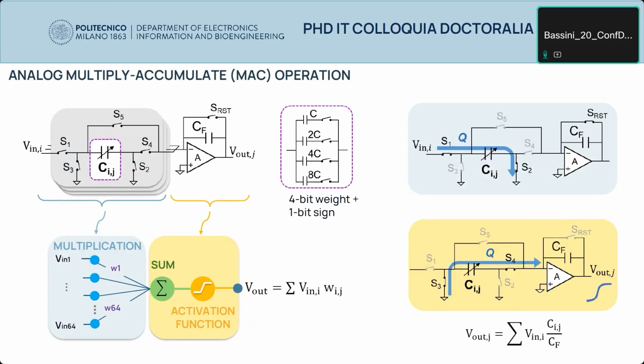Next, in a second phase, all the variable capacitors are connected to a charge integrator in order to perform the accumulation operation. The integrator also performs the activation function, which is a clipped ReLU, just by clipping its output between the two power supplies.